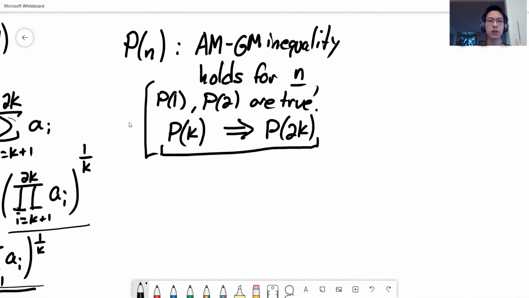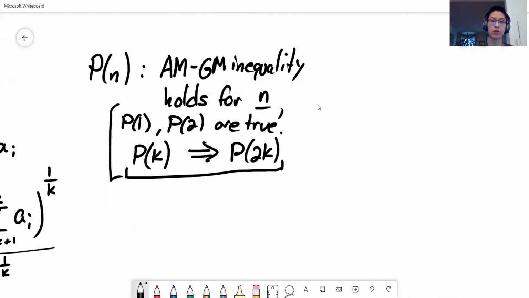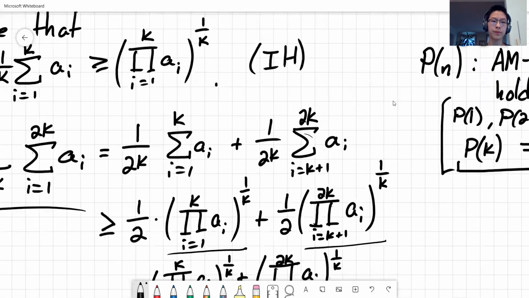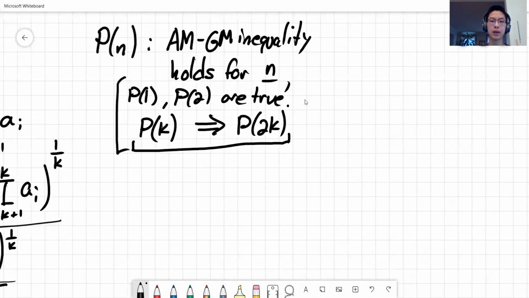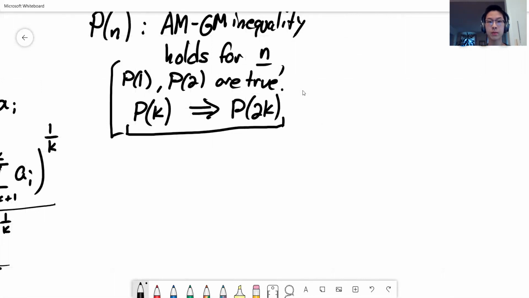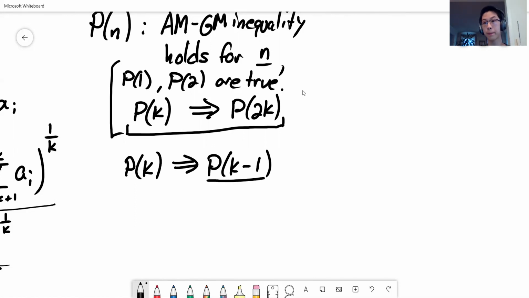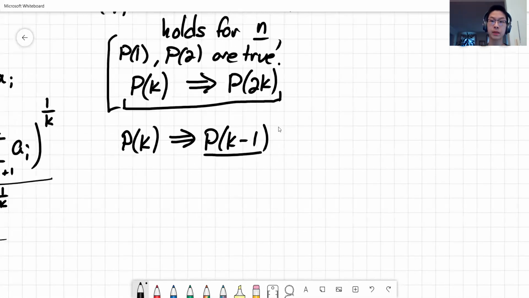We don't even know that the inequality holds yet for n equals 3, which is the next case after 2. These rules aren't strong enough to prove anything for all n. So we need a way to go backwards. If we had a way from P(k) being true to show the previous case is true, then we'd be pretty good.